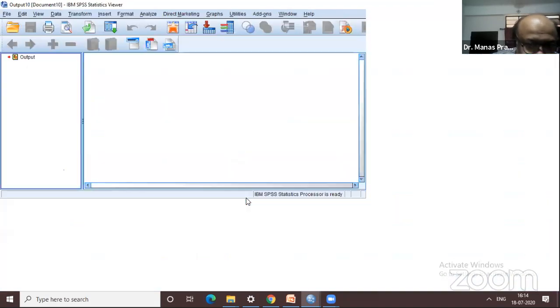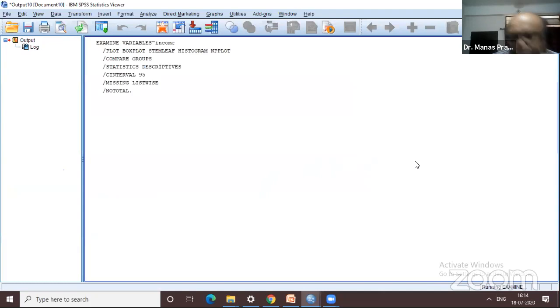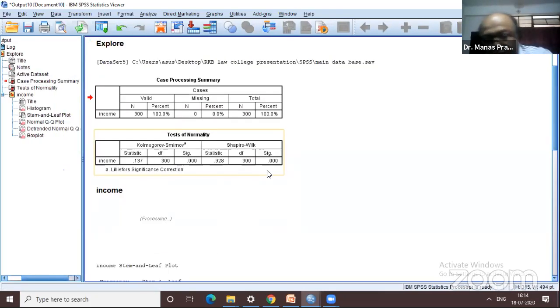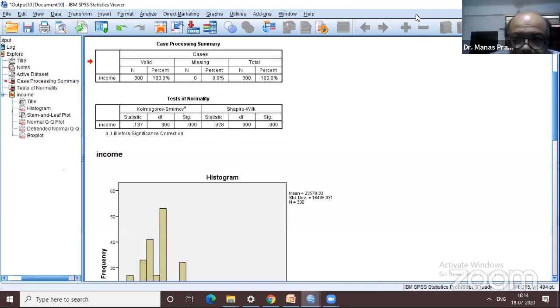Okay. So you see here the p-value, Sig means the p-value is less than 0.05. That means we have to reject our null hypothesis that my data follows normal distribution. Actually, I have to accept the alternative hypothesis that my data does not follow normal distribution.